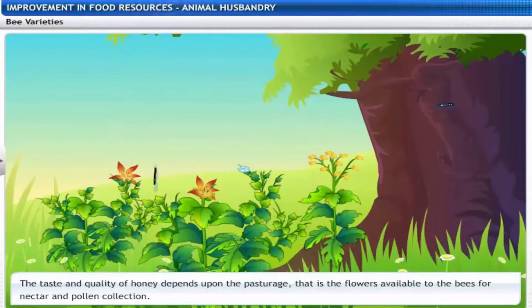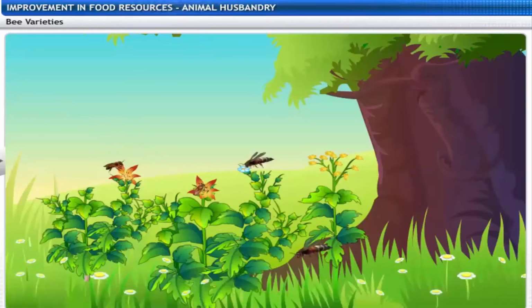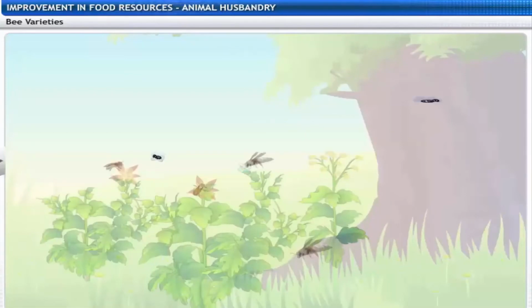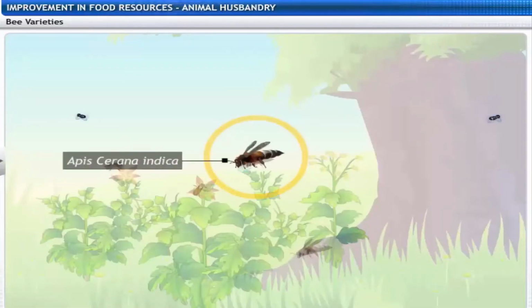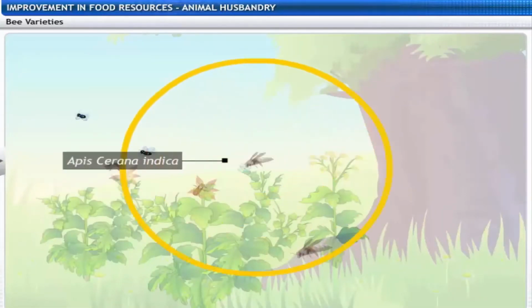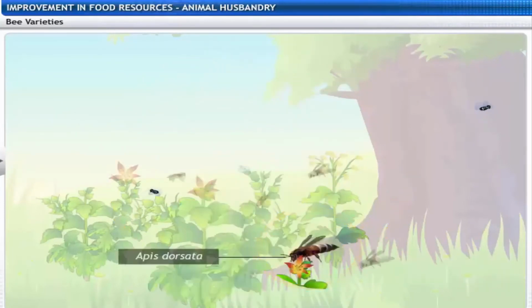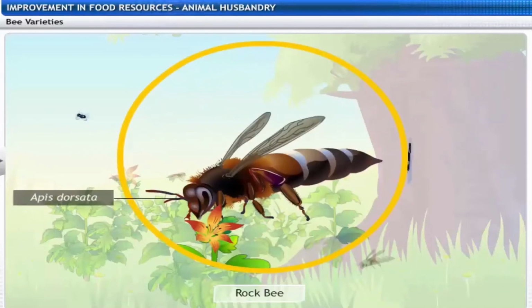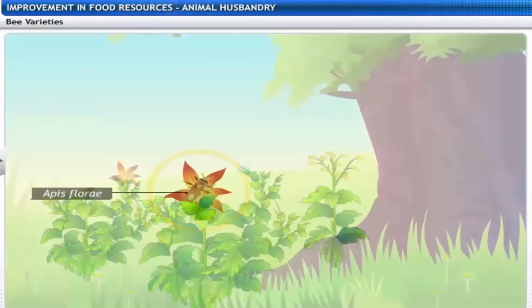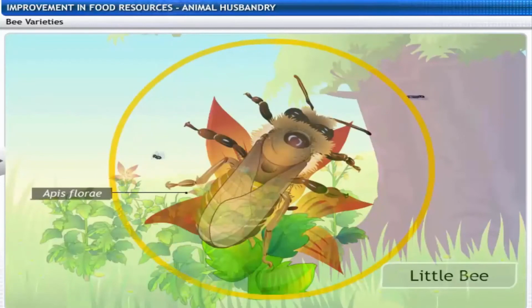The taste and quality of honey depends upon the pasturage, that is, the flowers available to the bees for nectar and pollen collection. The local varieties of bees used for commercial honey production are Apis cerana indica, commonly known as the Indian bee, Apis dorsata, the rock bee, and Apis florae, the little bee.